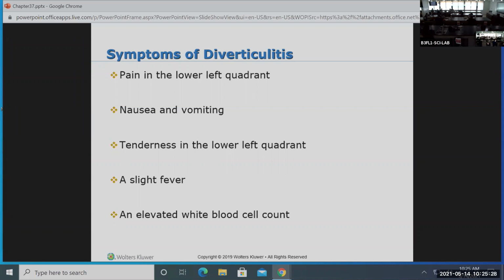And also, not only pain, when we touch that part of the body, we notice tenderness. When we put our hand on that part and apply a little pressure, the patient's facial expression shows that the patient is not comfortable. That is tenderness. Patient may have a slight fever and an elevated white blood cell count because of the inflammation.